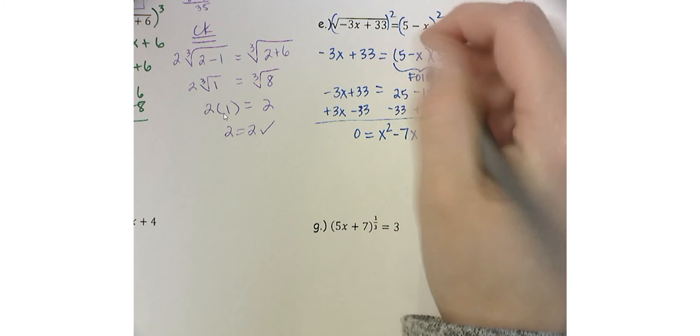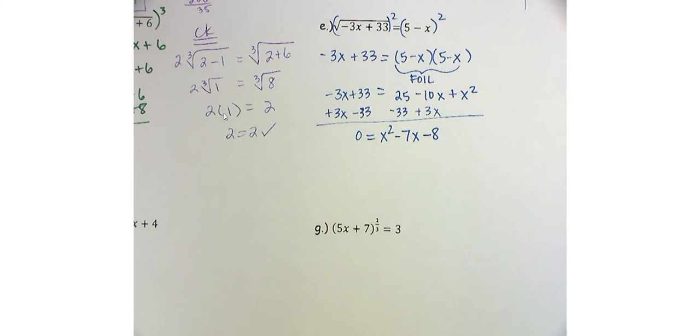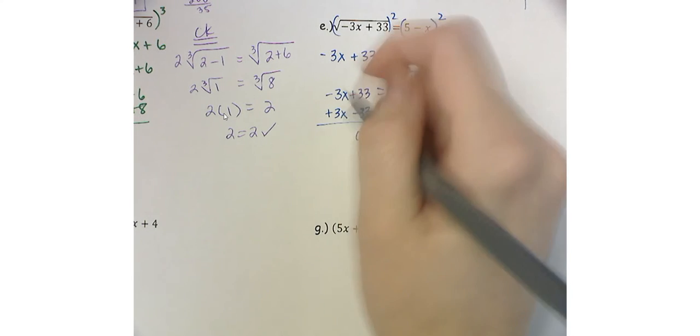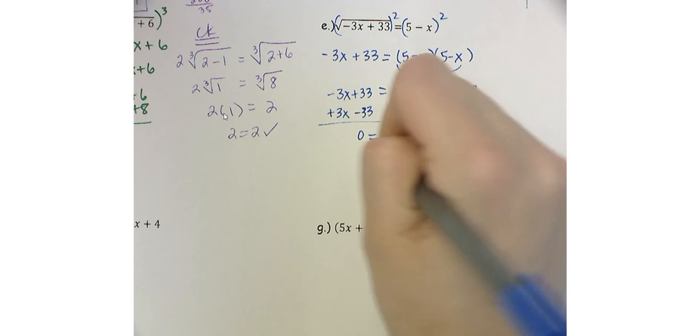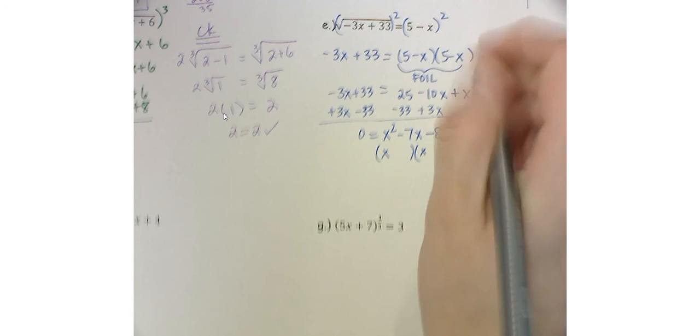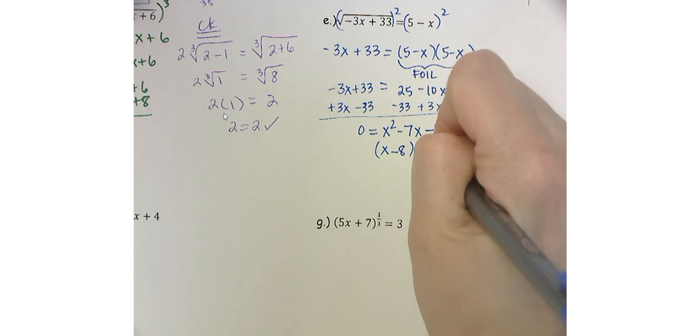Okay, so I'm going to have to check both of these to see what my solution is. And it could be both of them, it could be one of them, it could be none of them. Okay, so I'm going to check the x equals 8 first.